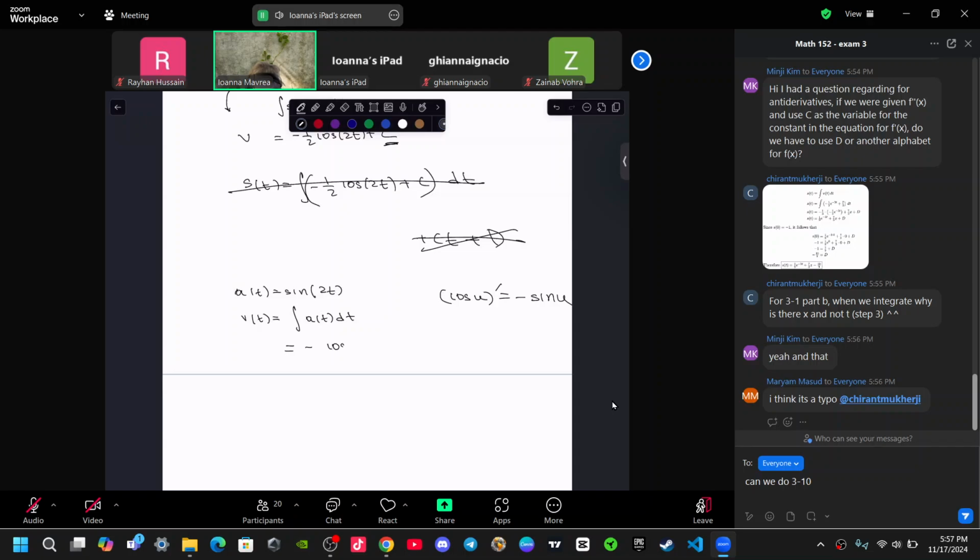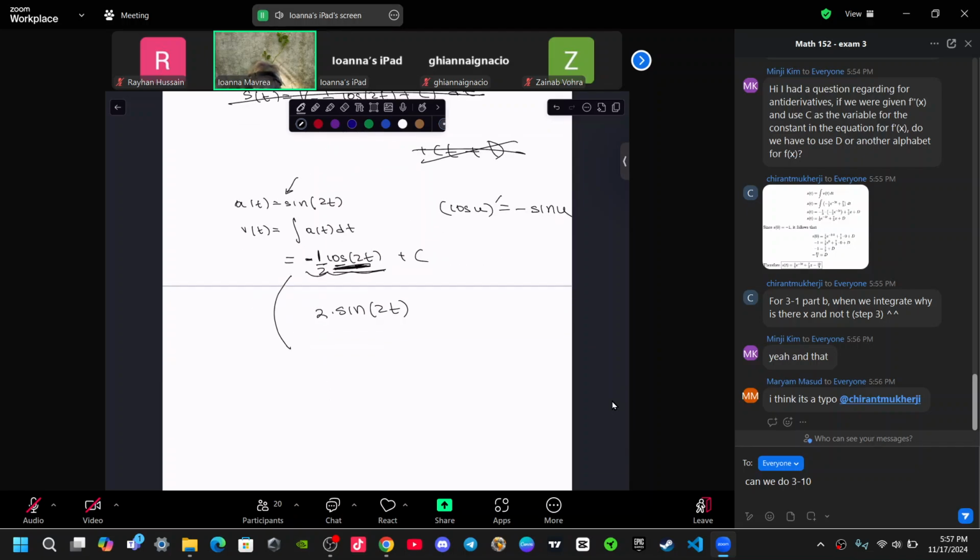So that's negative cosine of 2t, plus c. But that also doesn't work. If you take the derivative of this, the derivative of cosine is another negative, so it gives you positive sine 2t times the chain rule, an extra 2 factor, which that doesn't have. So you need to undo the 2 factor. How do you undo it? By putting a -1/2. So the velocity is -1/2 cosine of 2t plus c.